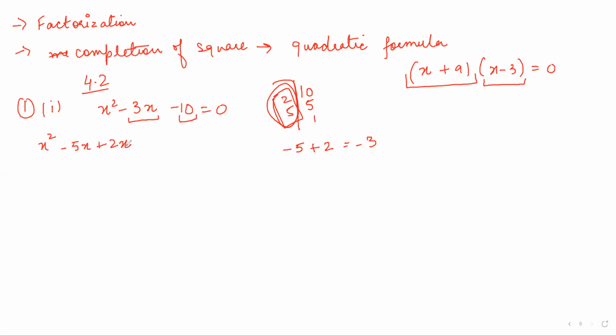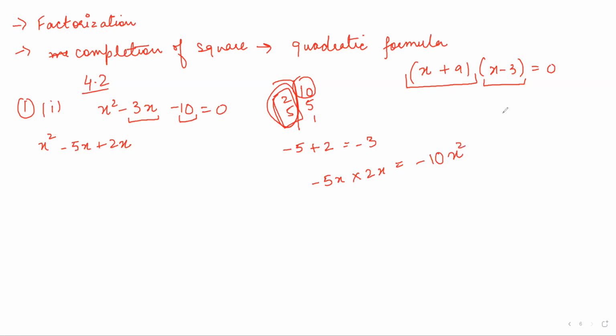So ultimately I'll get minus 3x. And now the numbers should be such that on adding or subtracting them, you get the middle term, and on multiplying them, you get whatever you have here. Like if you multiply minus 5x into 2x, you get minus 10x square, I'm sorry.